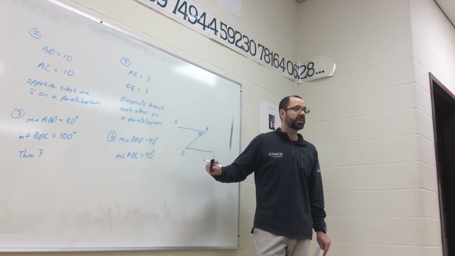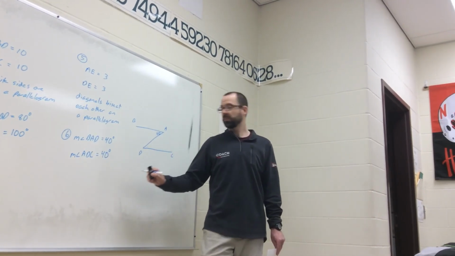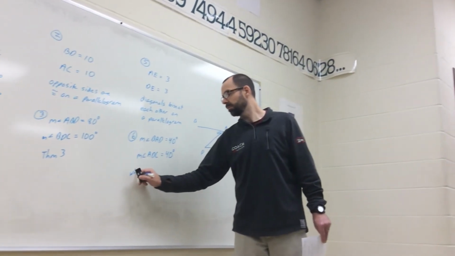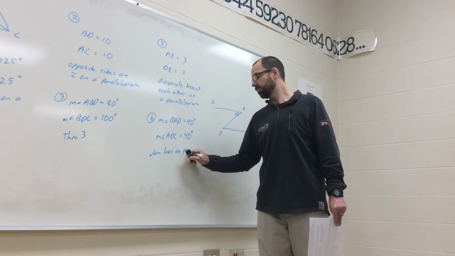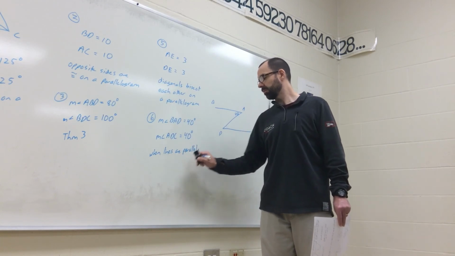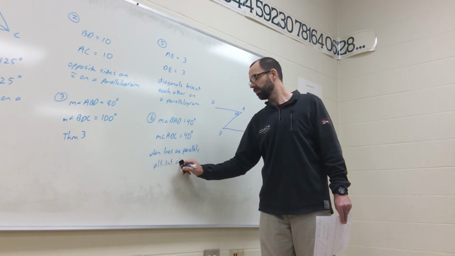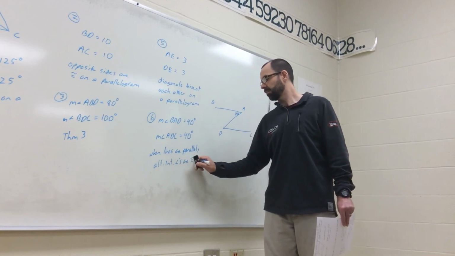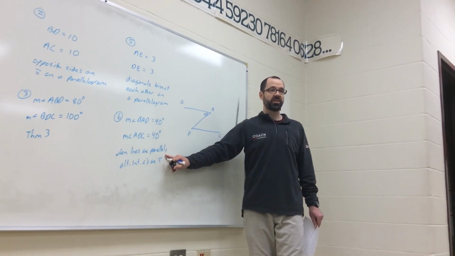And the reason why is when you have parallel lines, alternate interior angles are congruent. When lines are parallel, alternate interior angles are congruent.